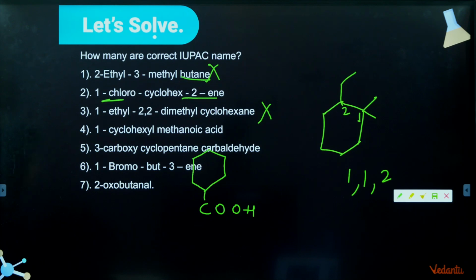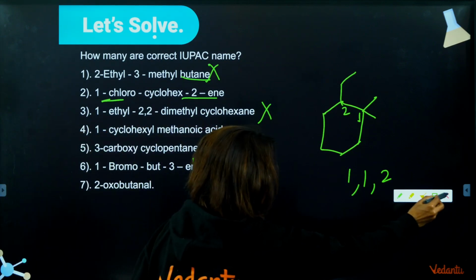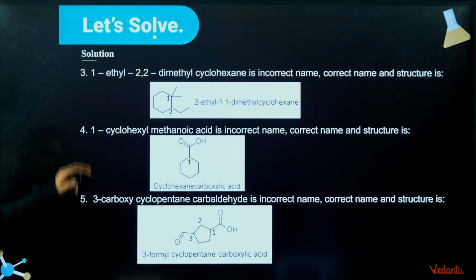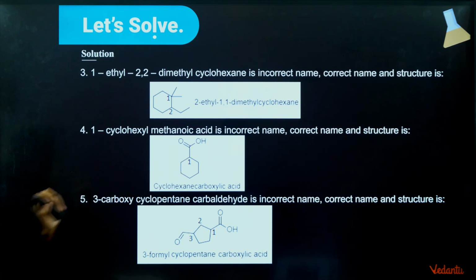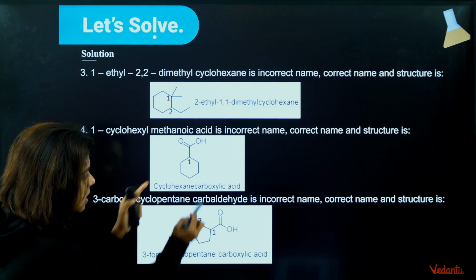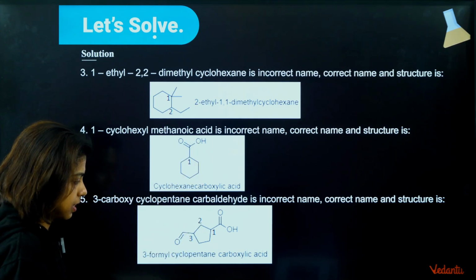Methanoic acid. Yes, guys. Methanoic acid is HCOOH. Is it the correct name? Of course not, guys. So अगर हम आपको दिखाते हैं, okay, this is cyclohexane carboxylic acid. It should be named like this, cyclohexane carboxylic acid.